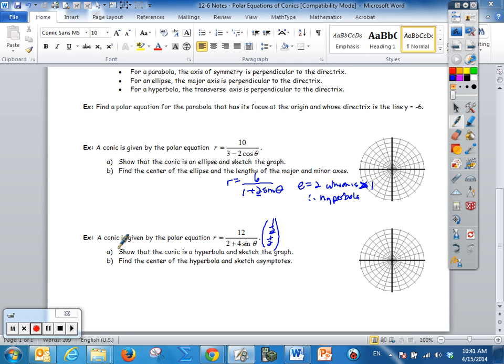We just did the show that. We showed that it was a hyperbola. 2 is greater than 1, so therefore it's a hyperbola.